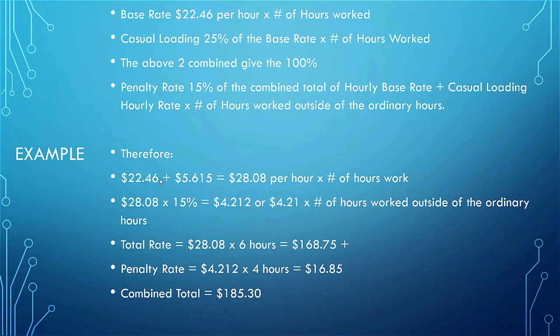So you need to work out whatever your base rate is, add 25% casual loading if you're a casual. When you add those two together, your hourly rate and your casual loading rate together, that gives you the 100%. And then you calculate the 15% on that 100% to get the combined total of the hourly base rate and casual loading rate by the number of hours that you've worked outside of the ordinary hours.